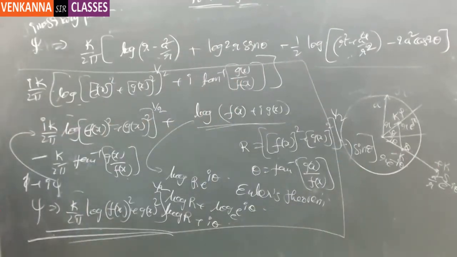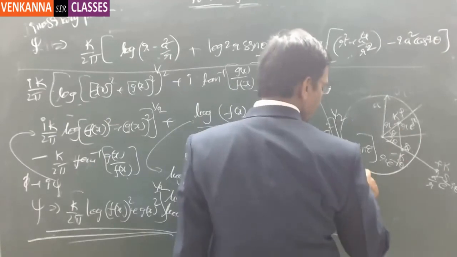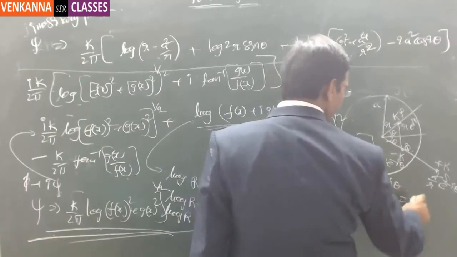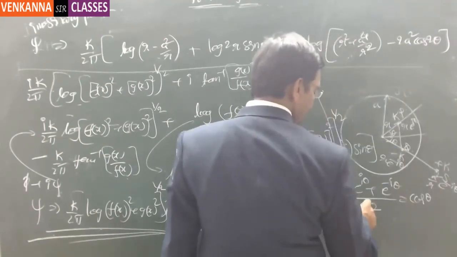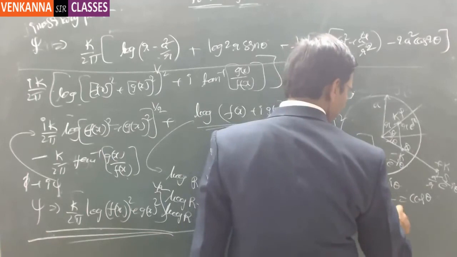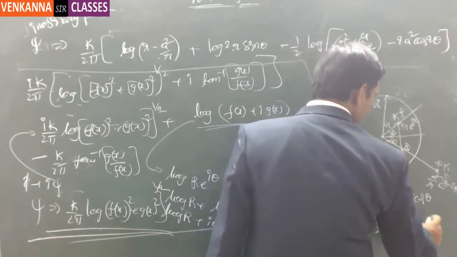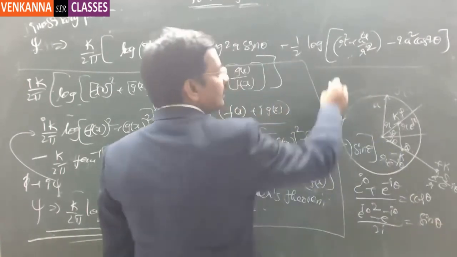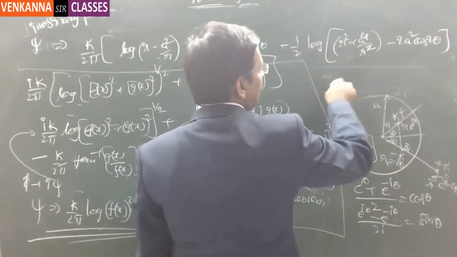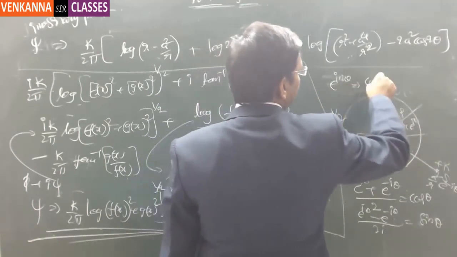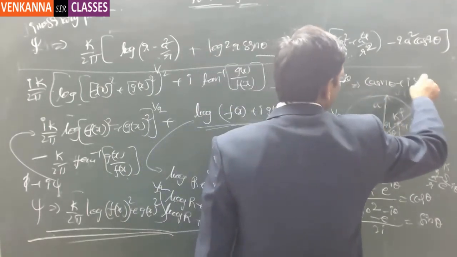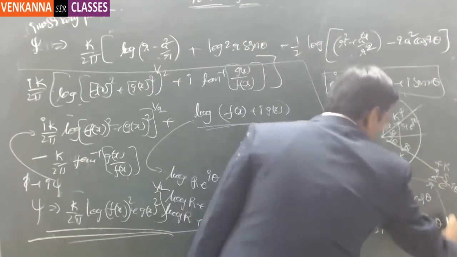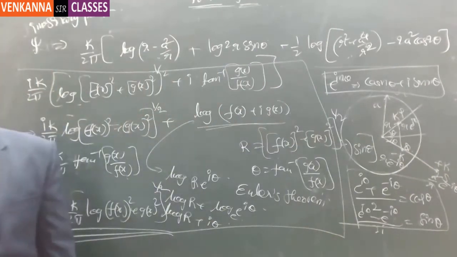Along with that, the other simple principles: e power i theta plus e power minus i theta by 2 can be written as cos theta, e power i theta minus e power minus i theta by 2i can be written as sin theta, and e power i n theta is written as cos n theta plus i sin n theta. So only these principles are getting used in all the problems we have done till now.